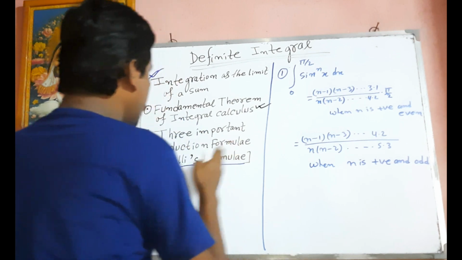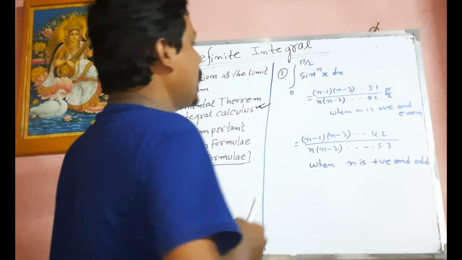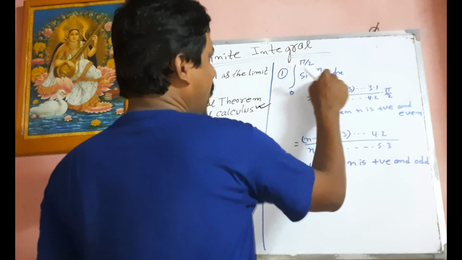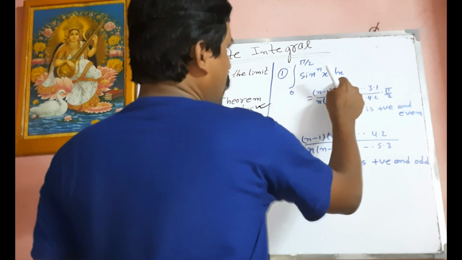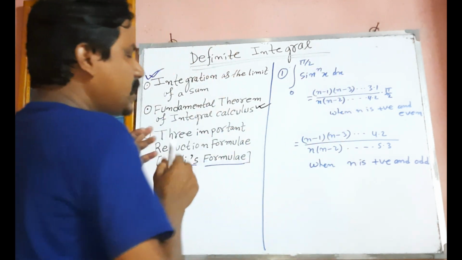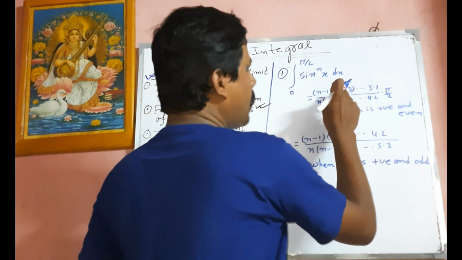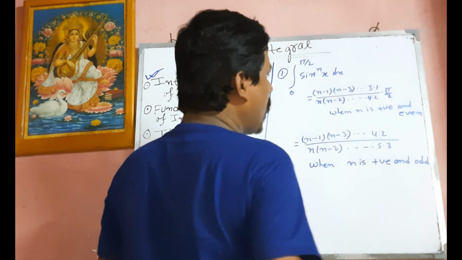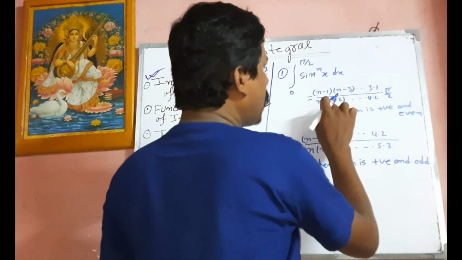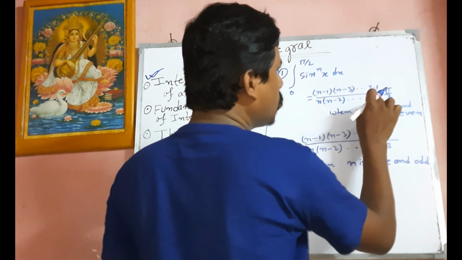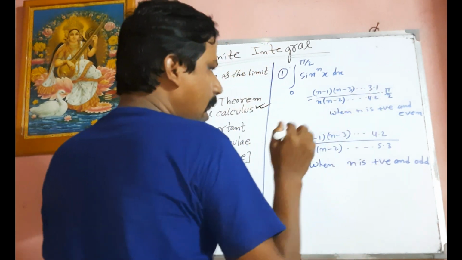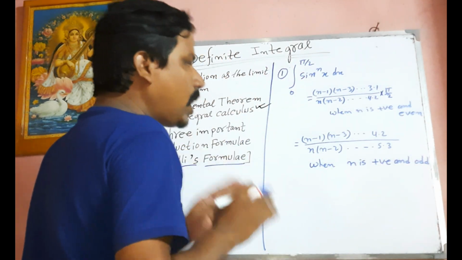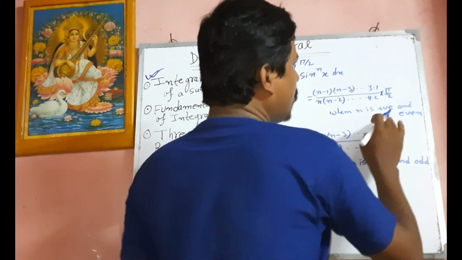Among the three important reduction formulas, the first formula is integral 0 to pi by 2 of sin x to the power n dx, which is equal to (n minus 1)(n minus 3) dot dot dot 3 into 1 divided by n(n minus 2) dot dot dot 4 into 2, multiplied with pi by 2, when n is positive and even.